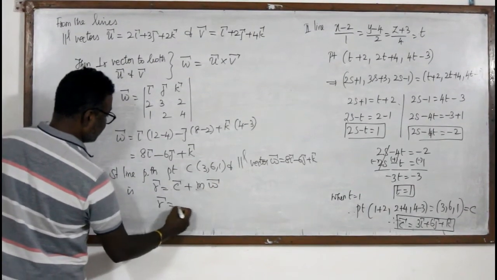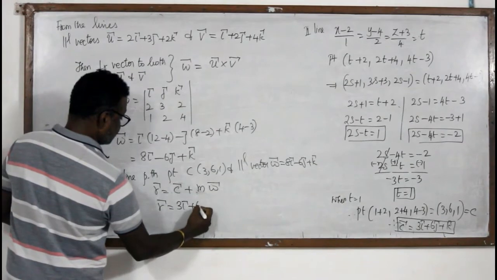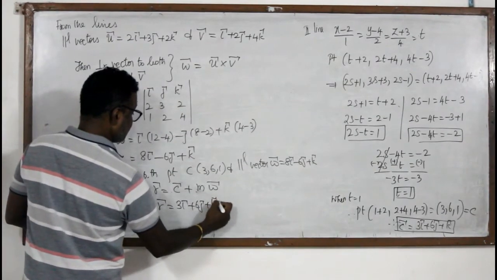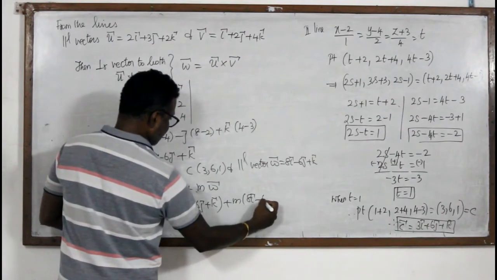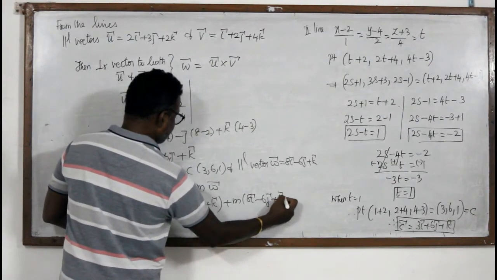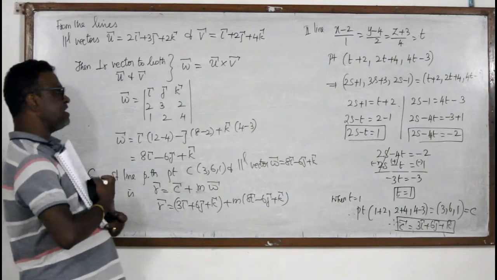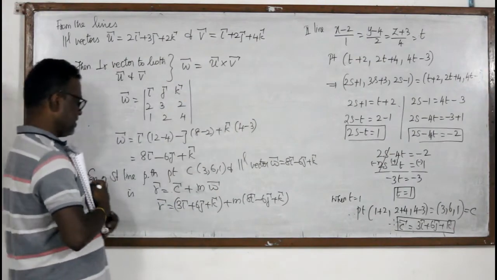So r vector equal to 3i plus 6j plus k plus some m into 8i minus 6j plus k. We can use any letter, and we are used to taking a, b, c as points and u, v, w as vectors.